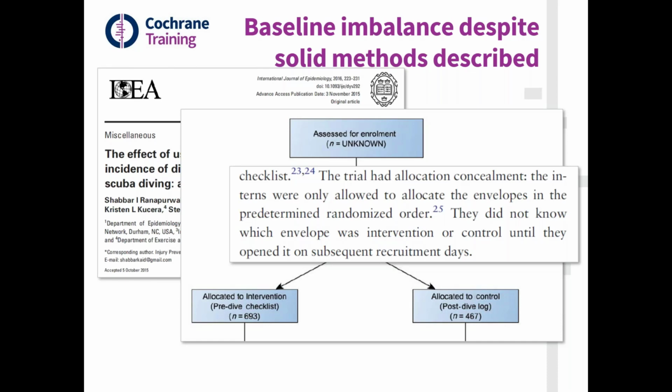So basically, what you're looking for is situations where solid methods have been described, but something must have gone wrong during the randomization process, whether it was accidental or whether somebody was trying to manipulate it. So you are looking for large differences or implausible similarities.